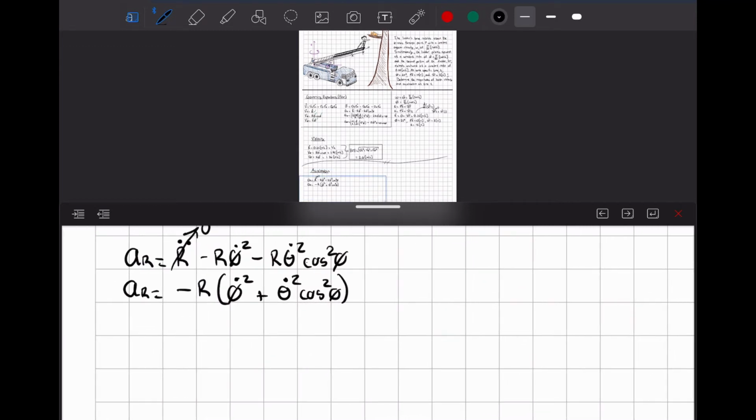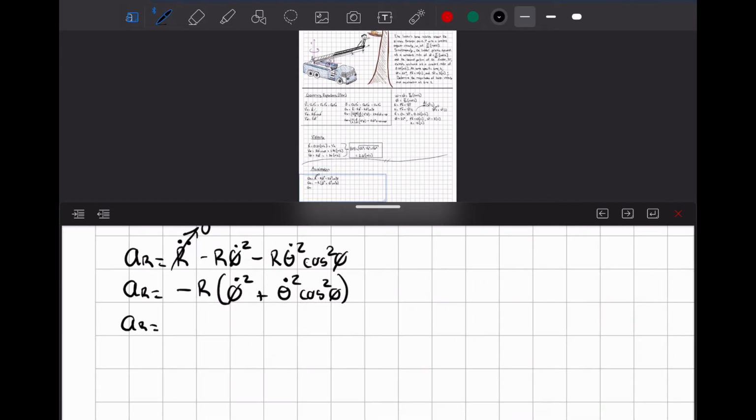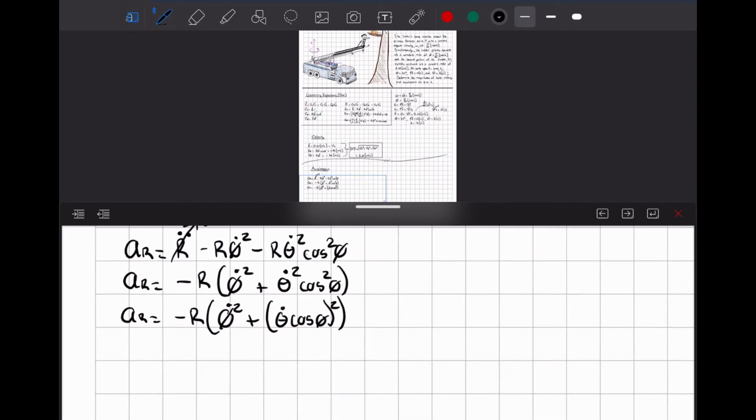Oh, not theta, phi dot squared. And if that cosine squared looks weird to you, you could write it as theta dot times cosine phi, all squared. You remember your exponent rules. You don't want to square the entire term because then that wouldn't be the same thing. So just the theta dot times cosine phi squared is acceptable.